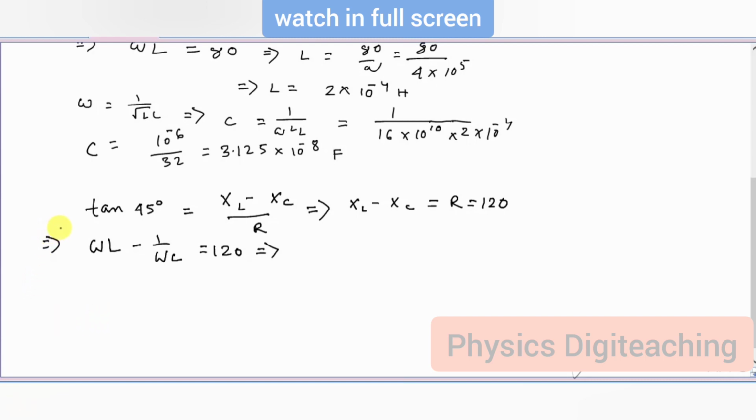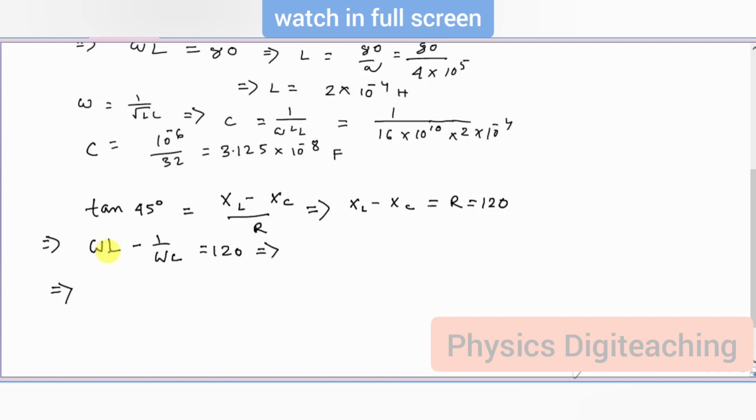Here we substitute the value of L and C and we get a quadratic equation of omega.